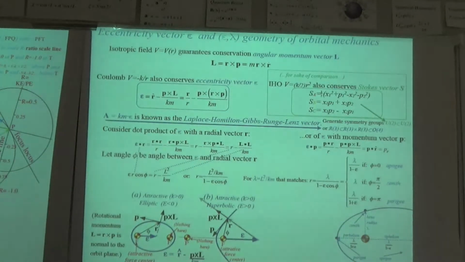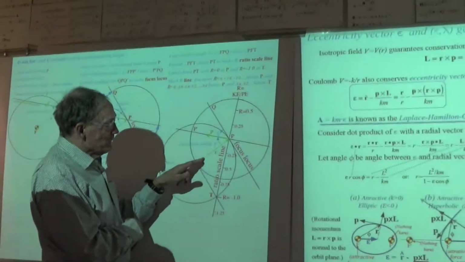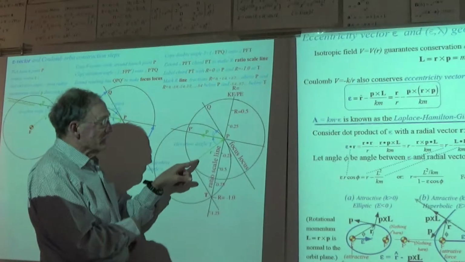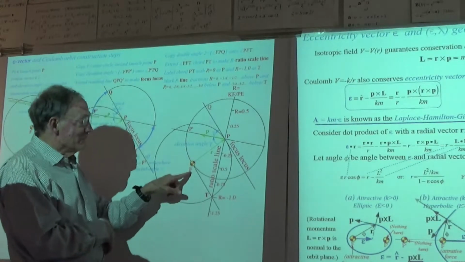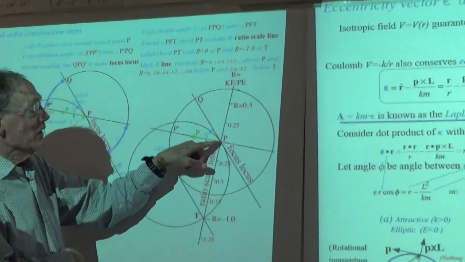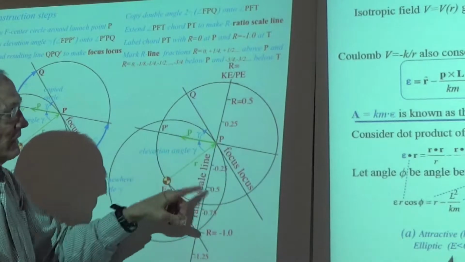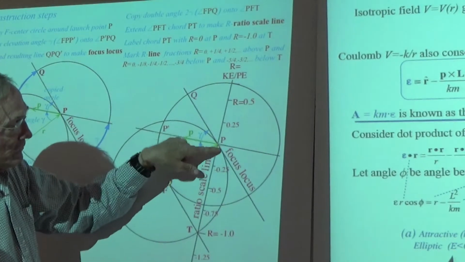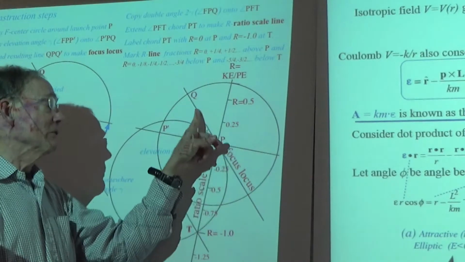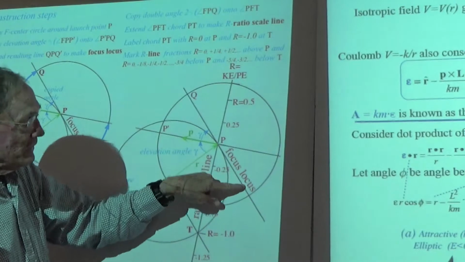So the idea is then that if a beam of light were to emanate from the force center, the unprimed focus, and reflect off of the momentum direction, the momentum plane here, it would go down this line, or if it were going to reflect the other way, it could go up this line. But in any case, it's going to somewhere hit another focus.